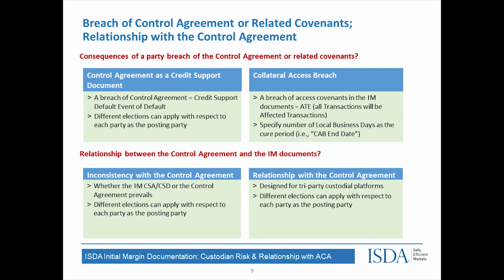Again, to the extent you have legacy documents or you have a document which says that the custodian is going to calculate the value, as would be the case in the tri-party account control agreements, you can state that where the control agreement is inconsistent with the CSA, the control agreement prevails. Or you could have it the other way, where the CSA prevails. And that's an election that the parties can make, and they can make it with respect to each party as the posting party, or they can not make it, as the case may be.